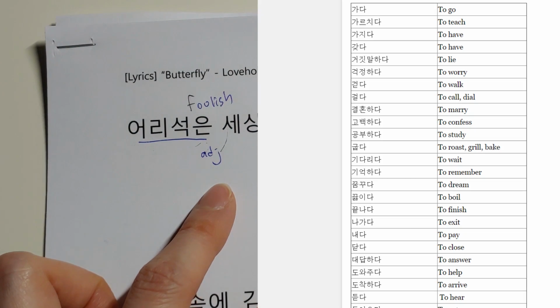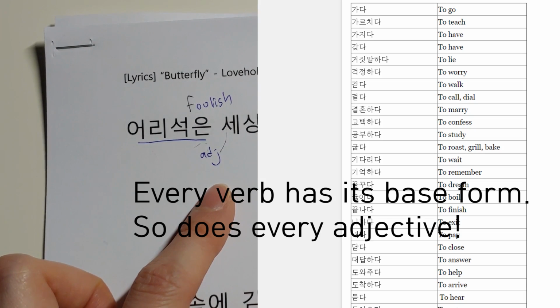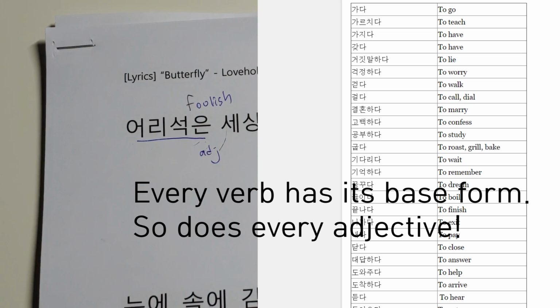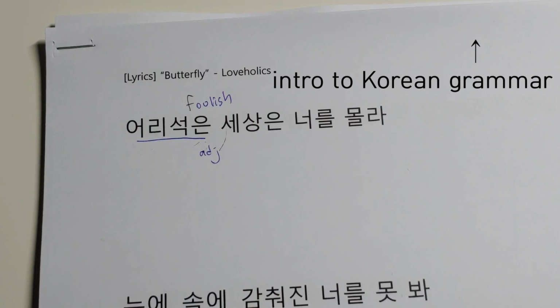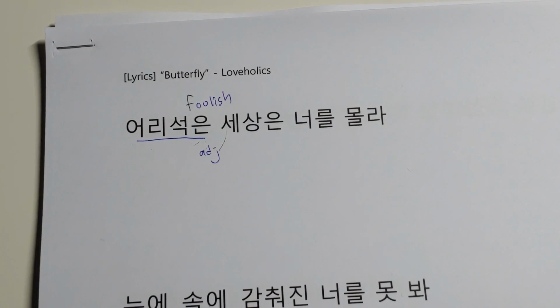And just like every verb has its own base form that ends with 다, remember, as I told you in the previous introduction to grammar lesson, if you haven't taken that lesson yet, you might as well go check it out first and then come back to this lesson, because that way it'll be a lot easier to follow.